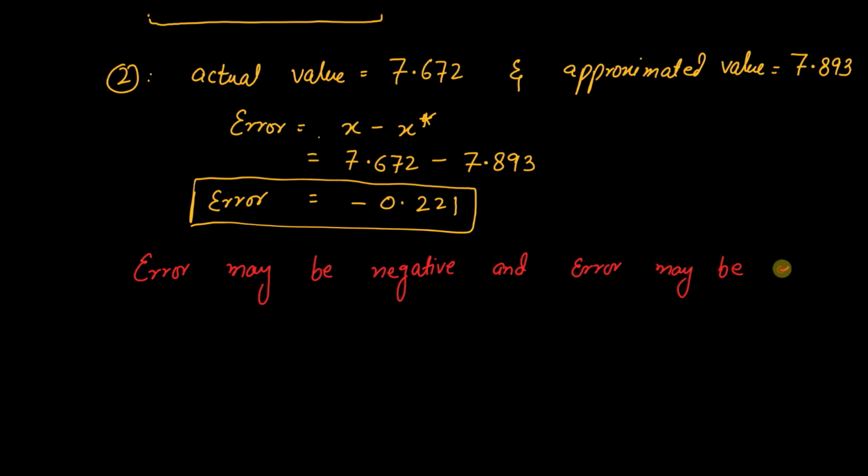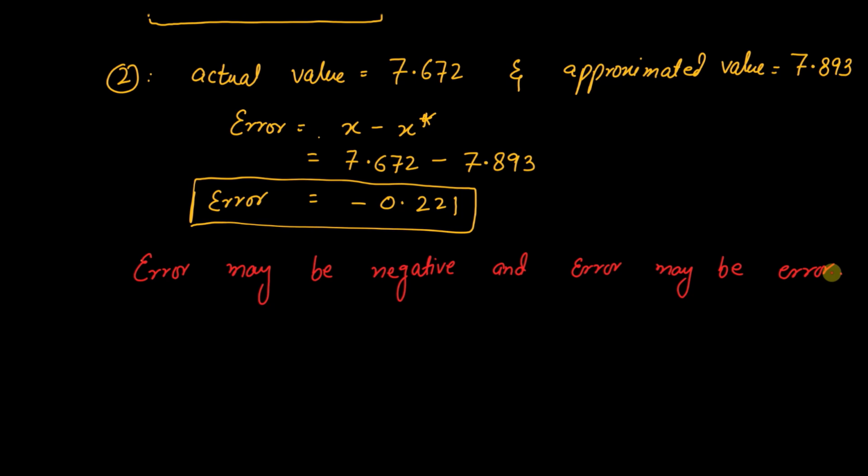Both are possibilities. But we are not concerned about the positive and negative sign. We are only concerned about the numerical value of the error. That is an important thing.